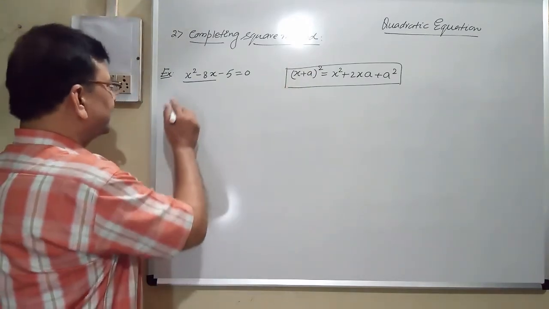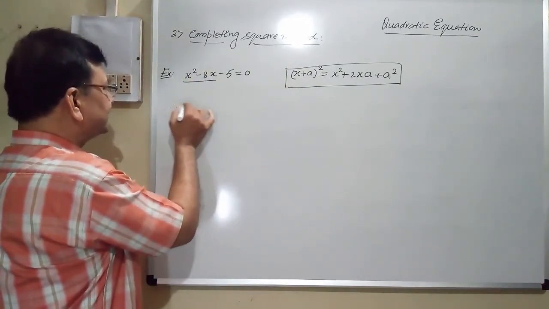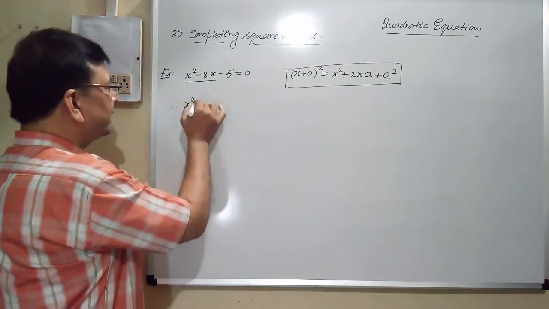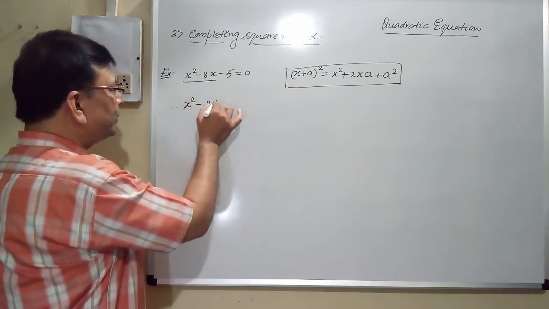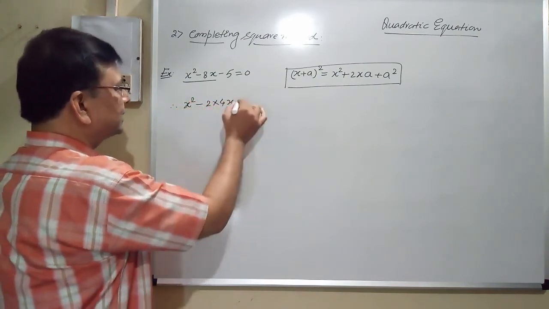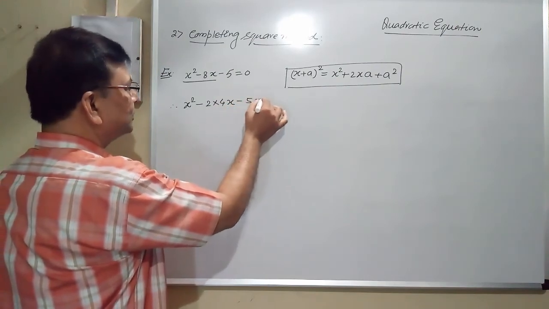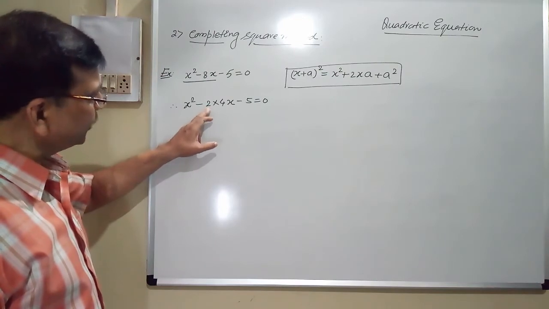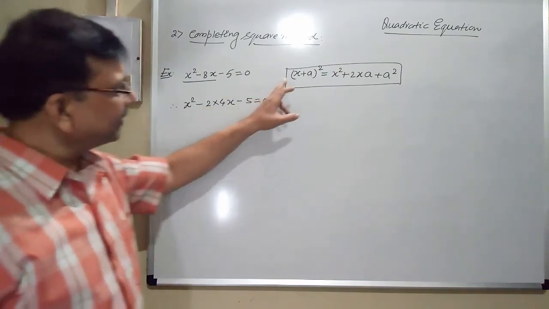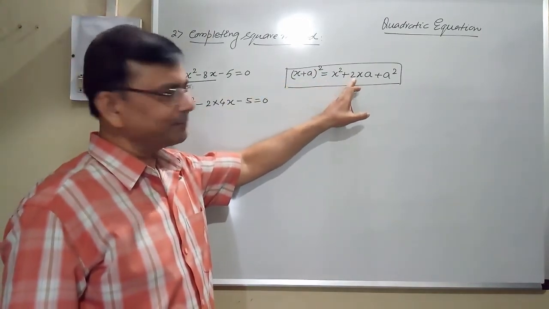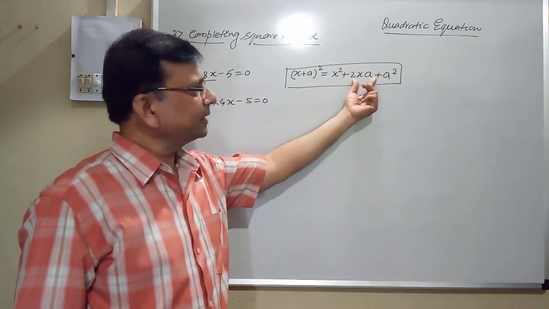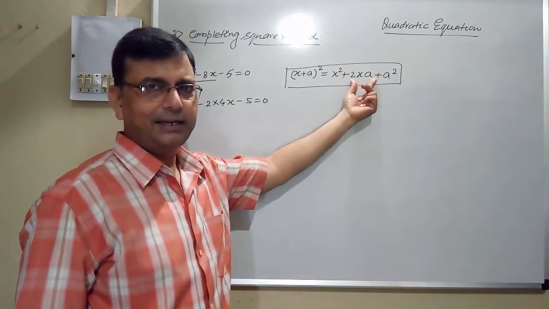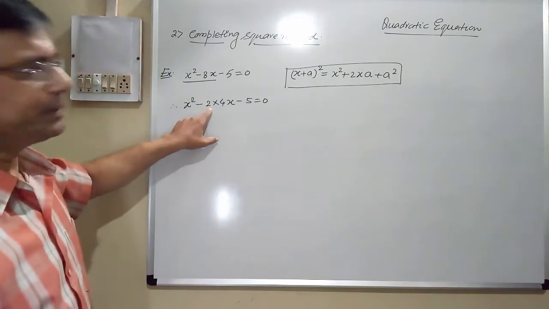So the same thing can be written as x square minus 2 into 4x minus 5 is equal to 0. Why do I always write 2 over here? Because in a perfect square, 2 is always there in the term containing x. So this 2 has to be there.